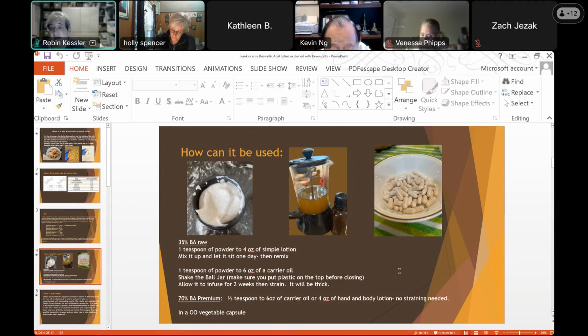A client of mine said, I can't swallow a pill, what do I do? So I said, you can take 1/8 of a teaspoon. They sell these tiny teaspoons on Amazon also, and you can mix it in honey and then swallow it and take it with a full glass of water. That is basically how we make it, how you can use it.